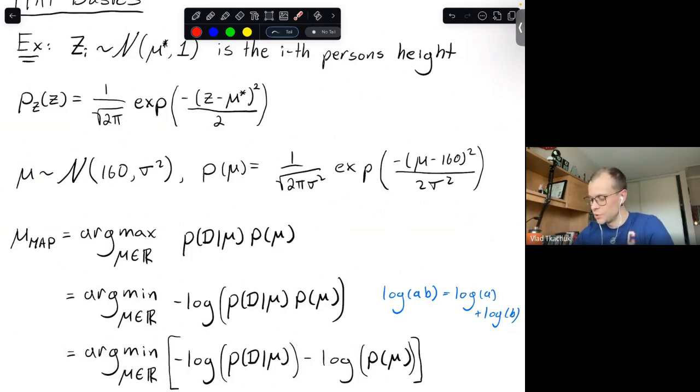Here we thought the expected height of someone would be 160, with some variance of sigma squared. We can plug in anything, and we're going to see how different values of sigma squared will affect this. But in some sense, in English, you're biasing the mu, you're forcing the mu to be somewhere around 160.